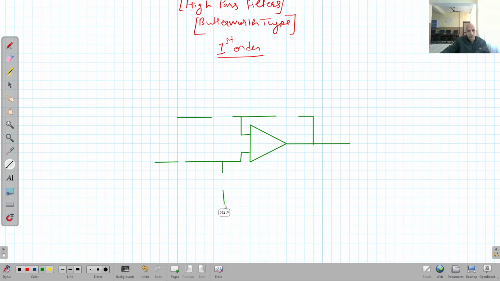There will be the resistance. In this case, the filtering unit will be exactly opposite to the case of low pass filters, which means we will have a capacitor first and then we will have a resistor. The capacitor will be here.